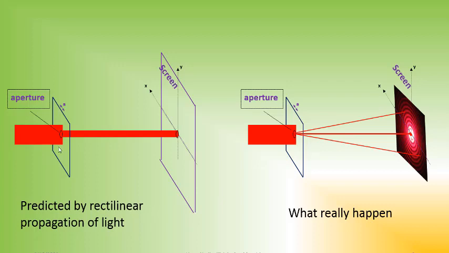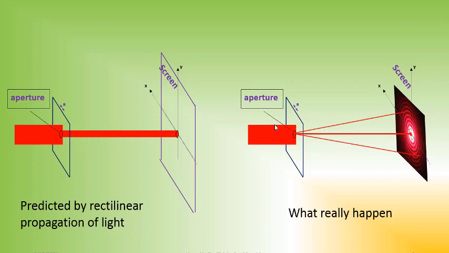Another experiment. If we shine a parallel beam on a small aperture in a cardboard screen, we predict that the light on the screen takes the form of the aperture and has the same size as this aperture.